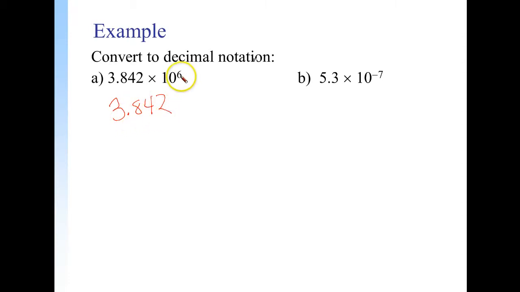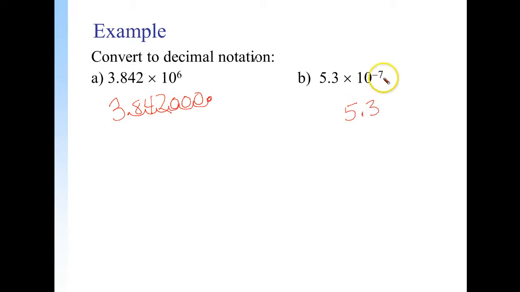Well, right over here, you look at the exponent, it says 6. So we have 3 places, so now we have to add 3 more zeros. So that when we move it, it's going to be 1, 2, 3, 4, 5, 6. Comes out very nicely.